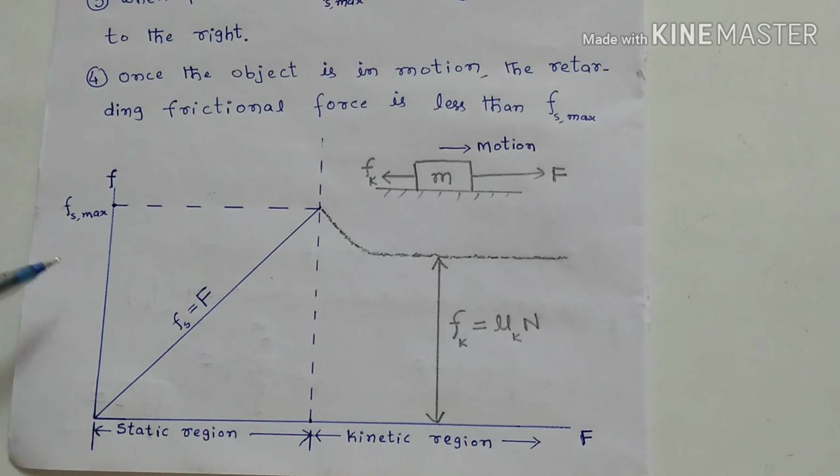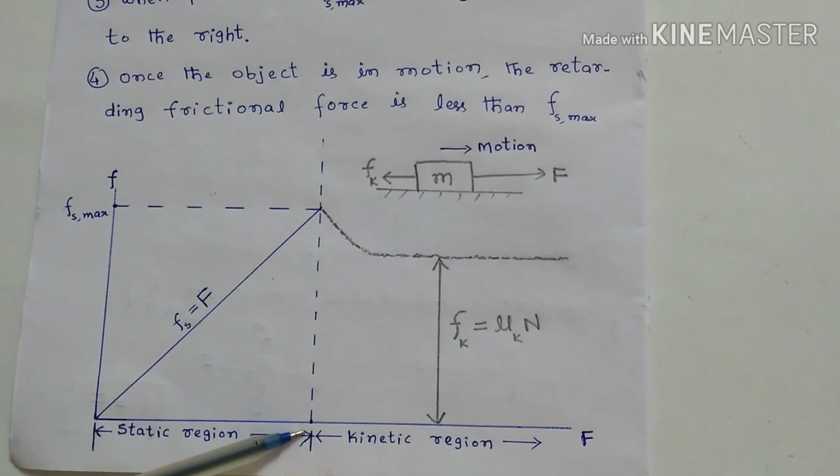So as long as you are increasing the force like this, suppose you are increasing by 1 Newton, correspondingly 1 Newton of static frictional force comes. You increase the applied force, so the object is at rest only. Up to here you are increasing the force, and the force of static friction is also increasing up to its maximum value.